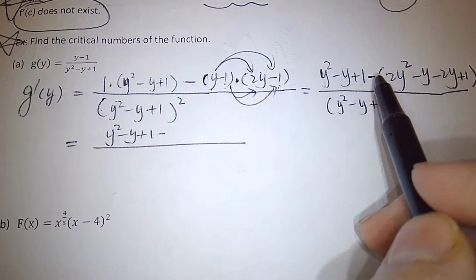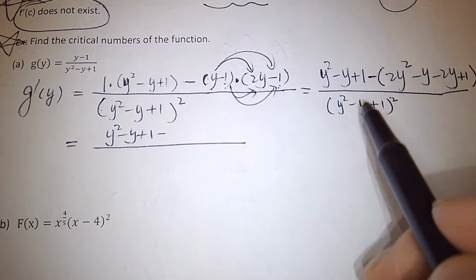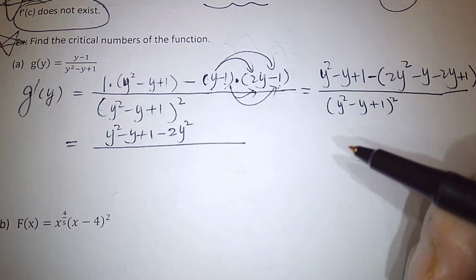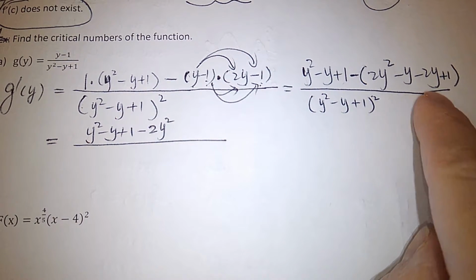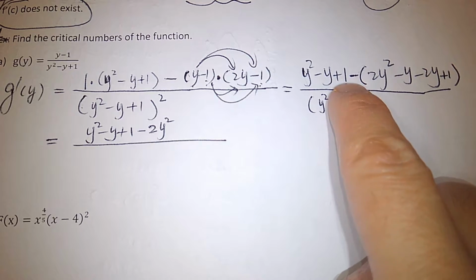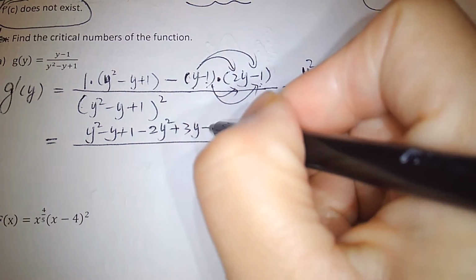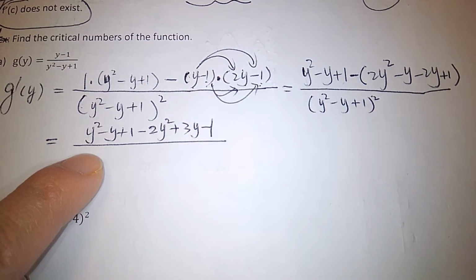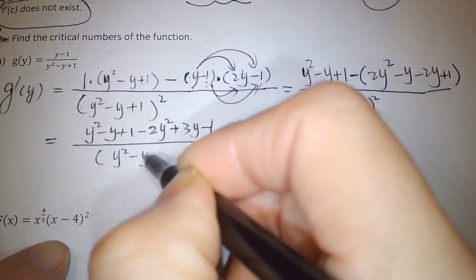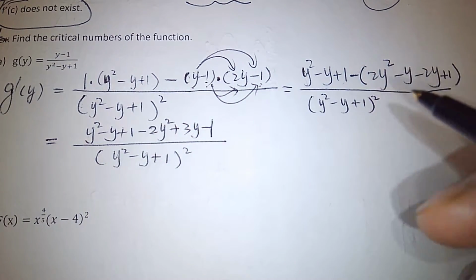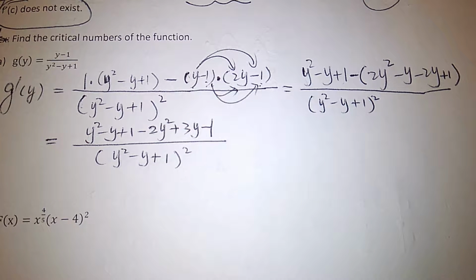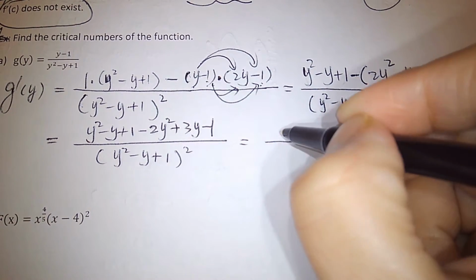Get rid of the parentheses. If something before the parentheses is negative, we get negative 2y squared. These two like terms, negative 3y times negative 1.